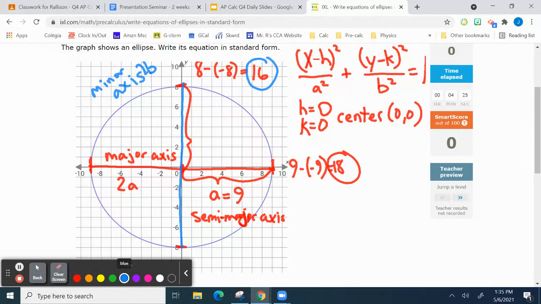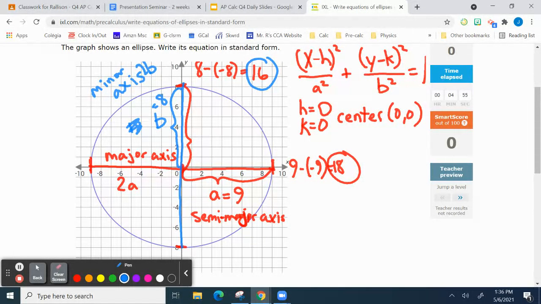So minor axis is 2b, which means that the distance of b is half of 16, which is 8. b equals 8. Boy, this is the board layout of someone who didn't do this ahead of time to see where it was going. All right, so we got b, and we got a, and we got h, and we got k, which means we got our equation, right?